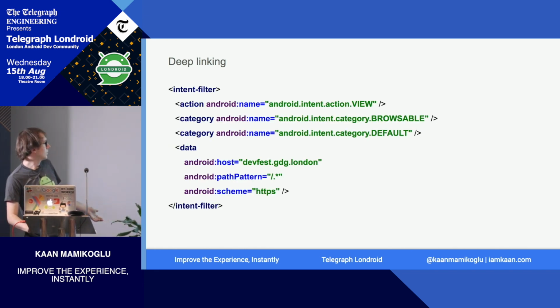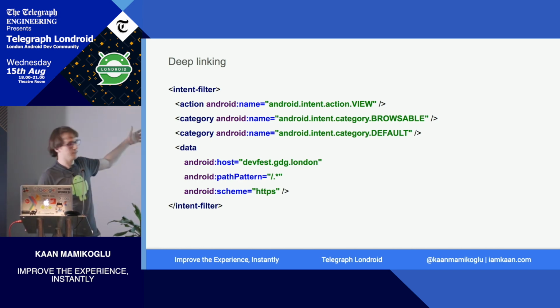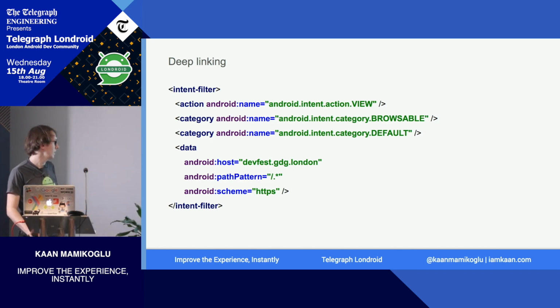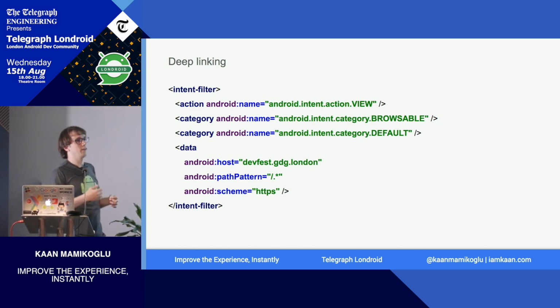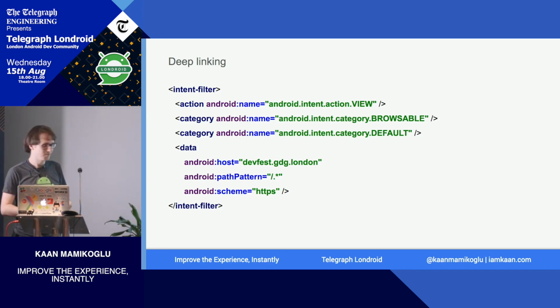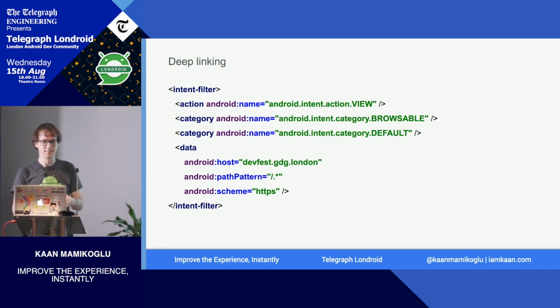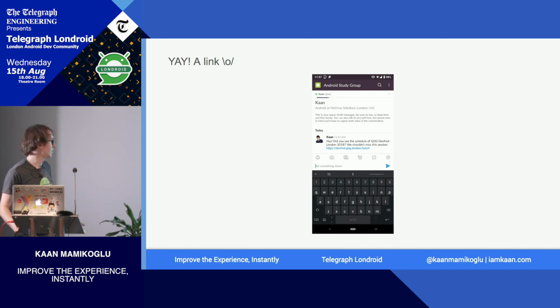Deep linking is basically your app saying, hey, phone, I can open URLs like this. So you just add this intent filter to your manifest file, into your activity, and that's pretty much it. You got the link.